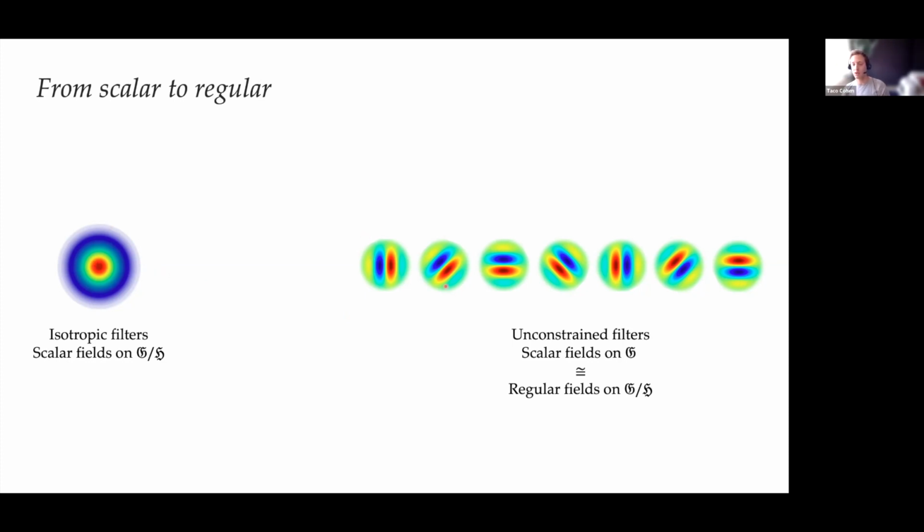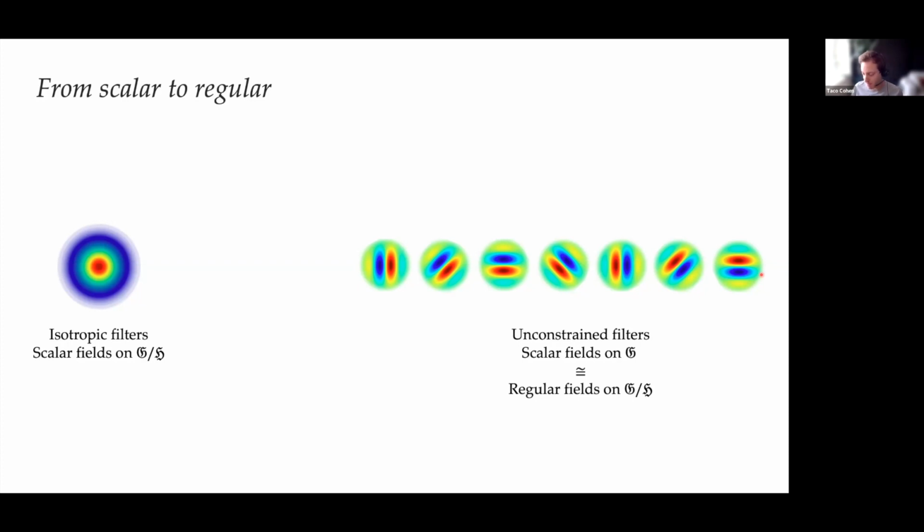They don't allow you to detect very interesting kinds of patterns. On the other hand, you can use a completely free-form filter. But then, as we saw in the example of group convolutions, you have to apply every element of your group H to the filter. That's fine if there are 4 rotations in the plane or 24 maybe in 3D.